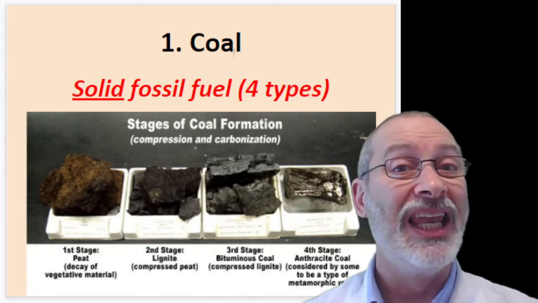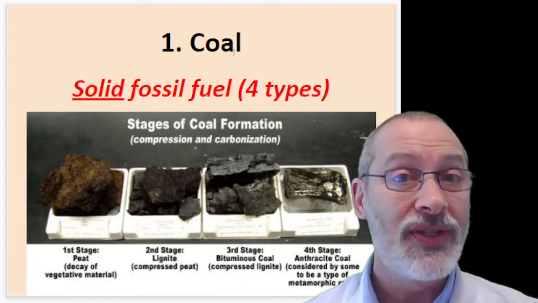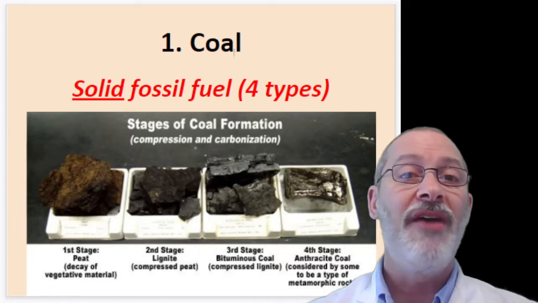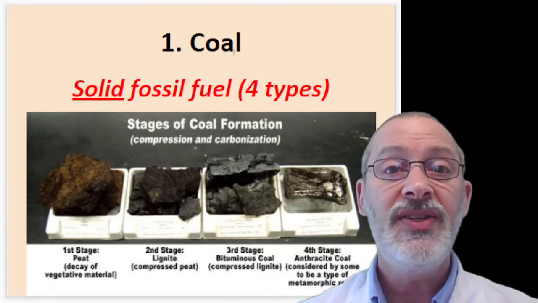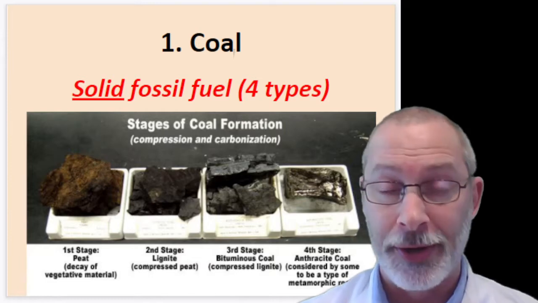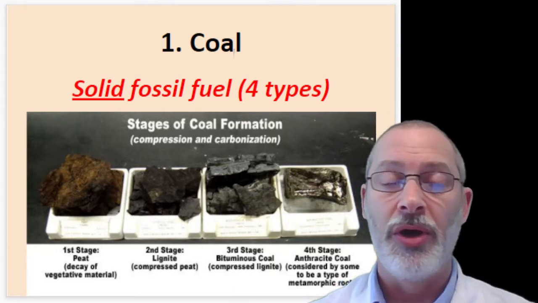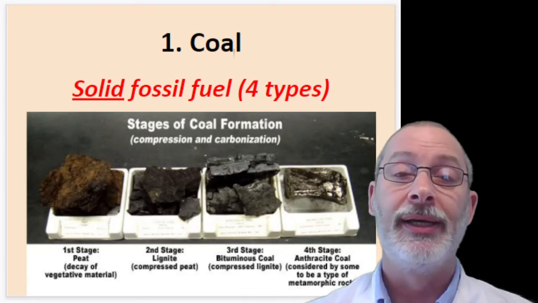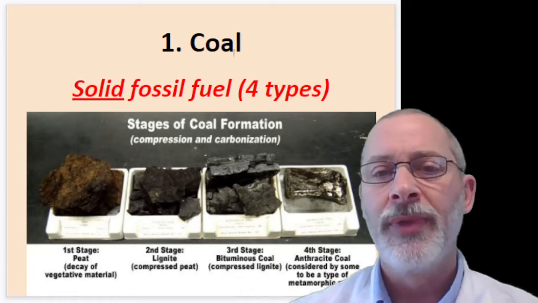One type is liquid, which is oil. And one type is a gas, natural gas. So we have fossil fuels that exist in the three main phases or states of matter. Again, we've talked about phases of matter long ago, and we'll talk about those a lot more in 8th grade too. So again, back to coal.